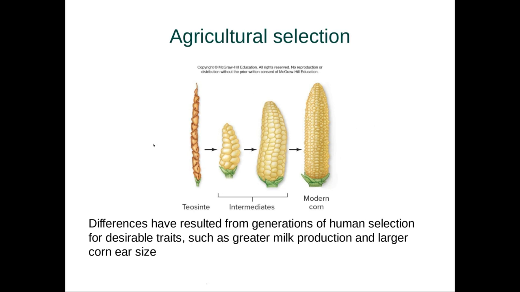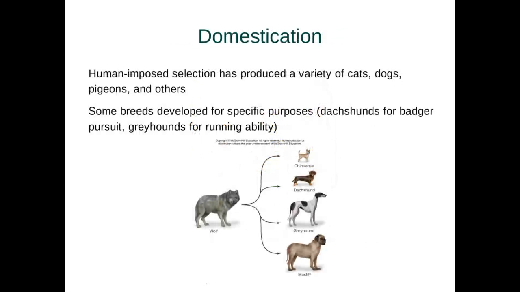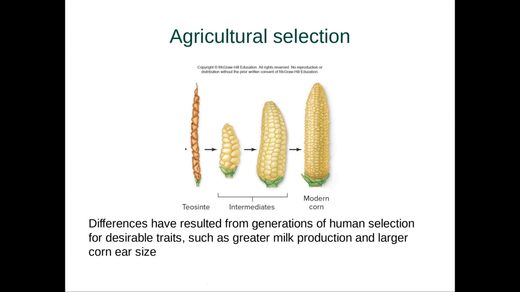Again, my favorite example being teosinte. If you ever want to know what wild lettuce looks like, that's also a fantastic transition story. I don't know if you guys remember those 10-year challenge things from a couple years ago, where you put a picture of yourself from 10 years ago and a picture of yourself now. I think a 10-year challenge for teosinte versus modern corn would be a fantastic comparison as well.